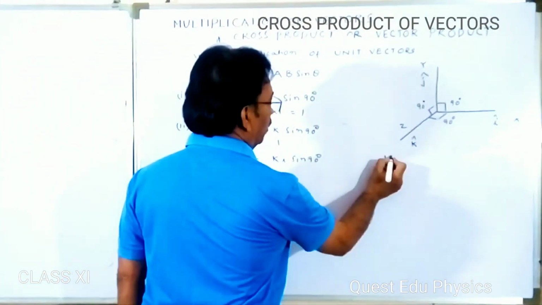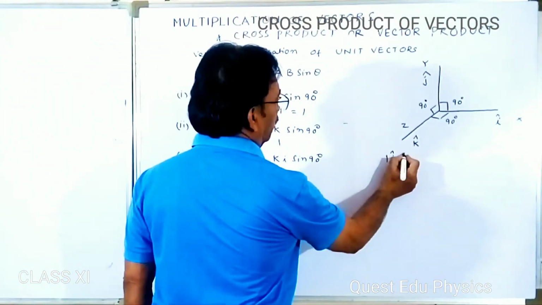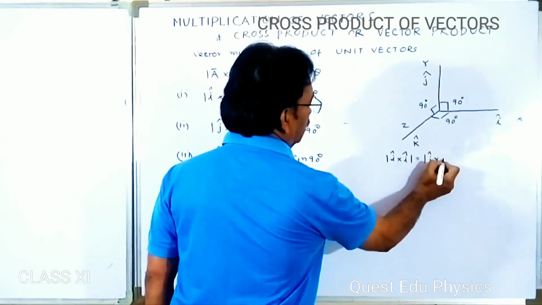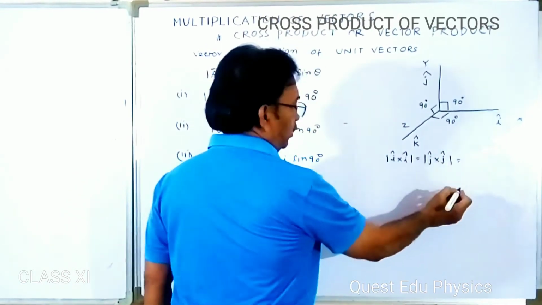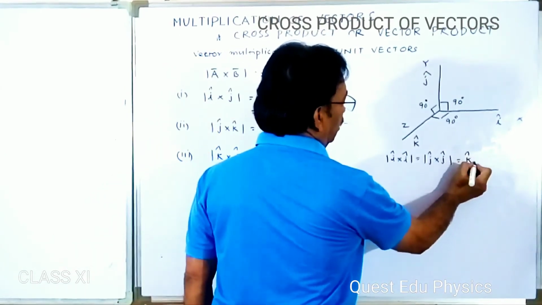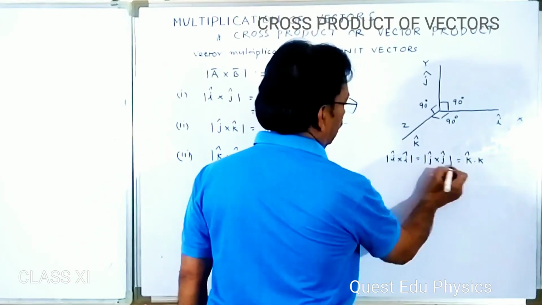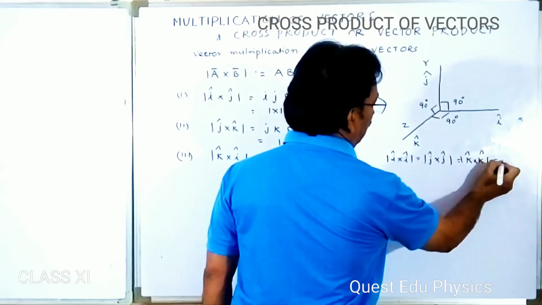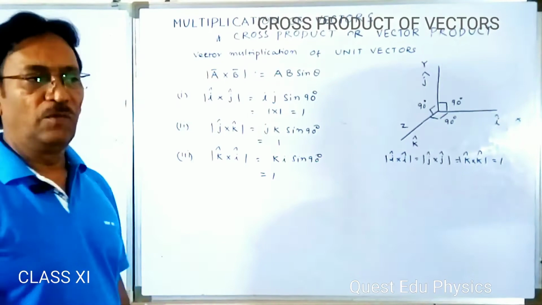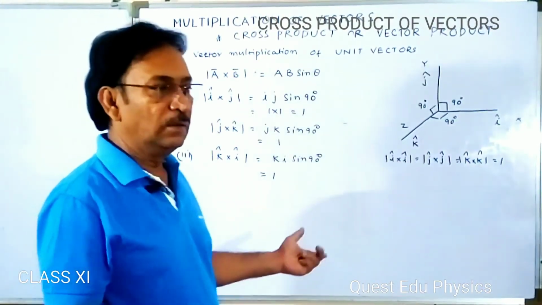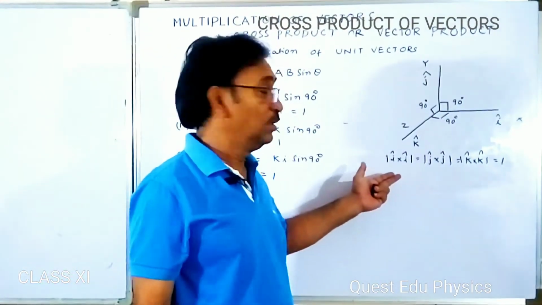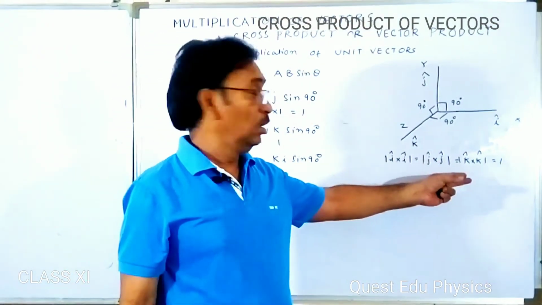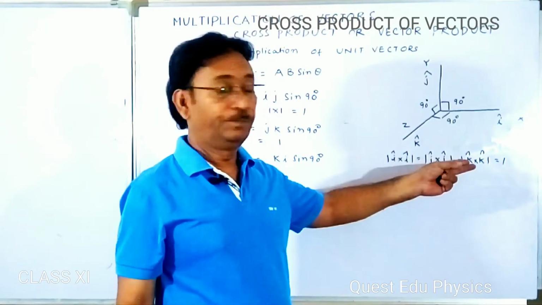What does it mean? It means i bar cross i bar is equal to j bar cross j bar is equal to k bar cross k bar is equal to 1.